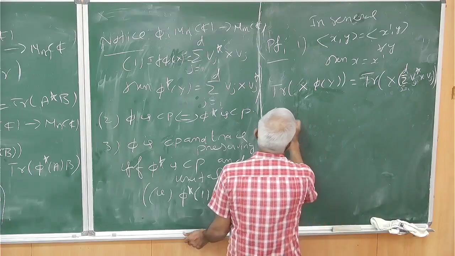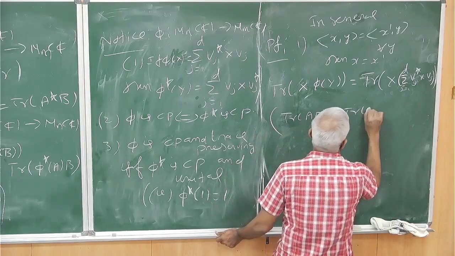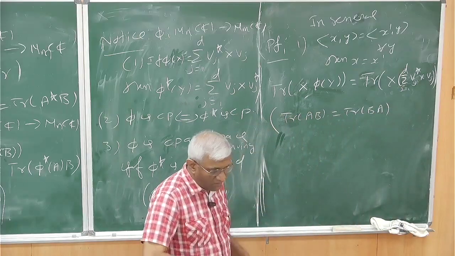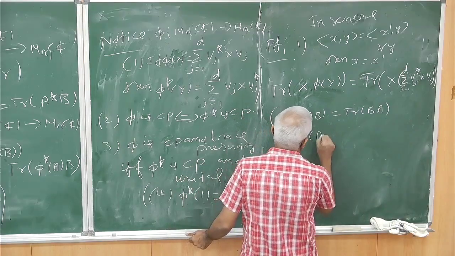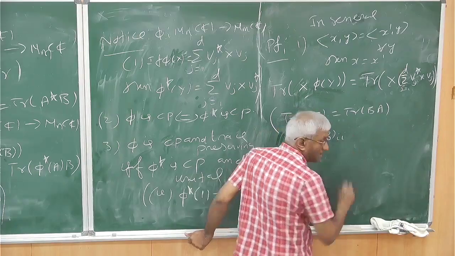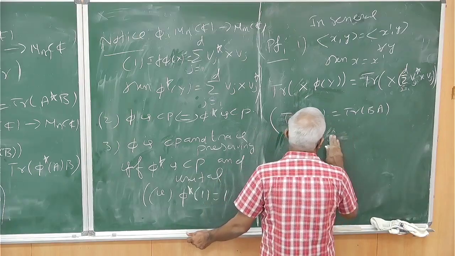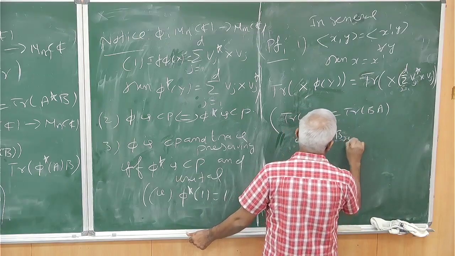I hope you know this property: trace of AB is equal to trace of BA. This is just matrix product. Trace of AB is the summation of the ith entries of AB, which is summation over i and j of A of ij, B of ji.